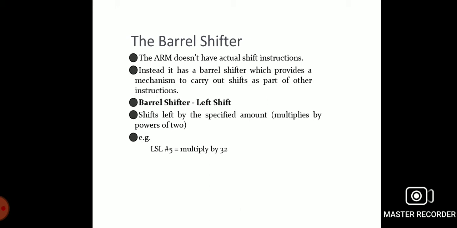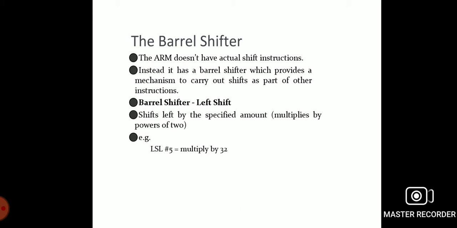So here the barrel shifter left shift shifts left by the specified amount, that is multiplied by a power of 2. For example, LSL #5 is equal to multiply by 32.